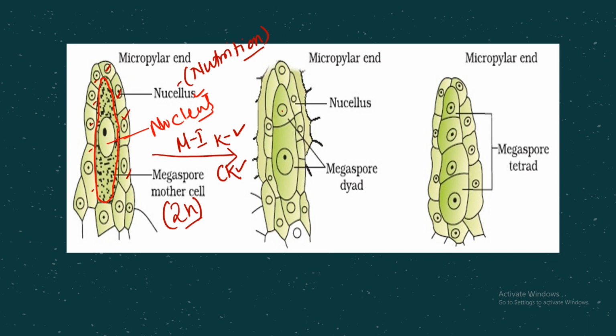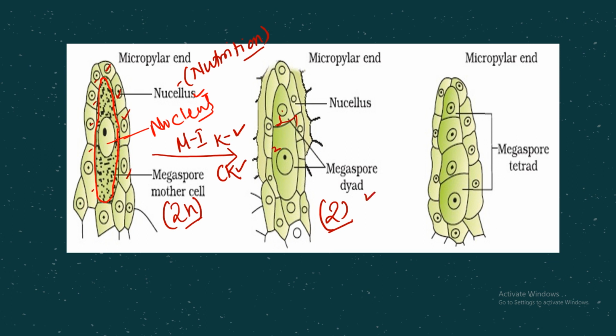That means from one cell there is a formation of two cells, 1 and 2. सो एक मेगास्पोर मदर सेल से क्या बना? मेगास्पोर बना. अब कितना मेगास्पोर बना? यहाँ पे दो मेगास्पोर बना. As there is a formation of two megaspores, we can call them a megaspore dyad. Is it clear?